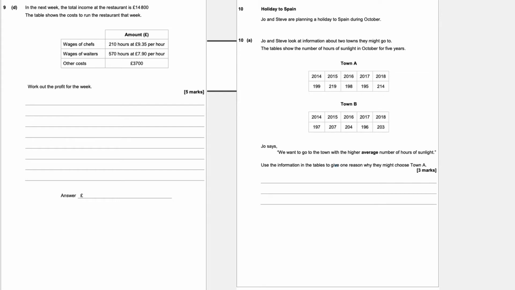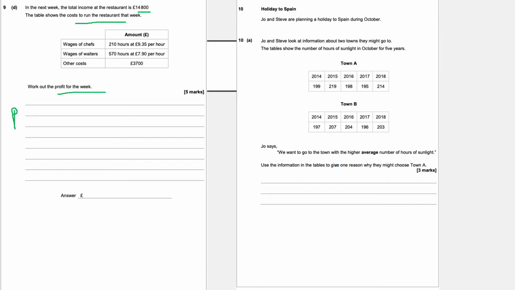Question 9D, guys. In total, the total income at the restaurant is 14,800. The table shows the cost to run per week. Work out the profit.